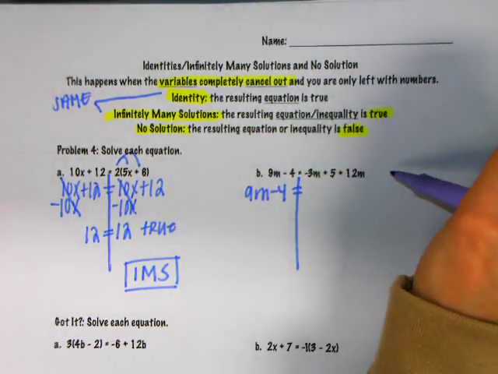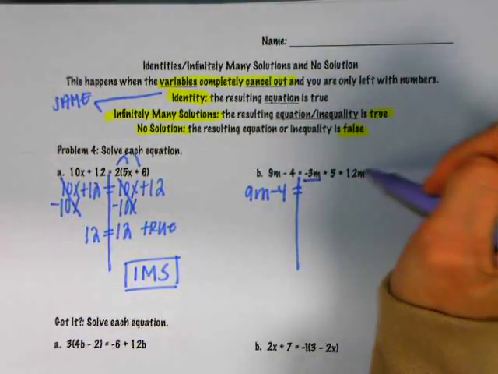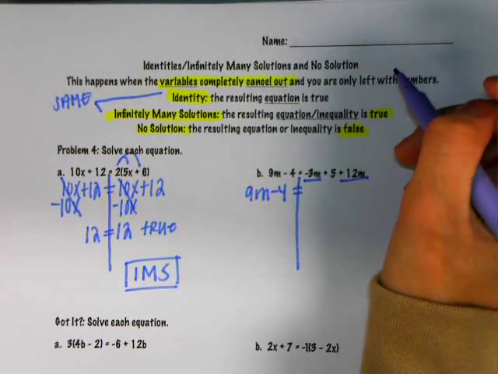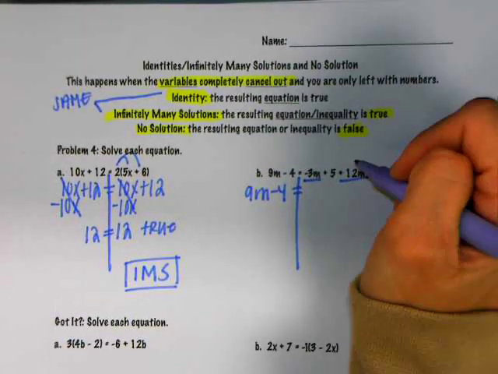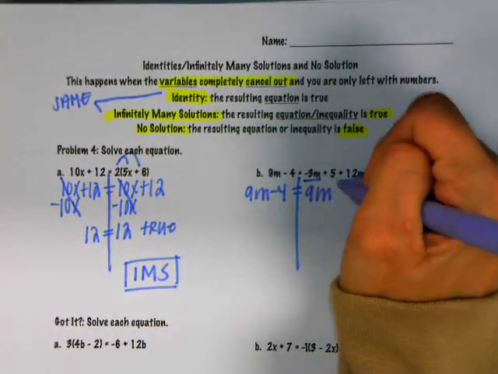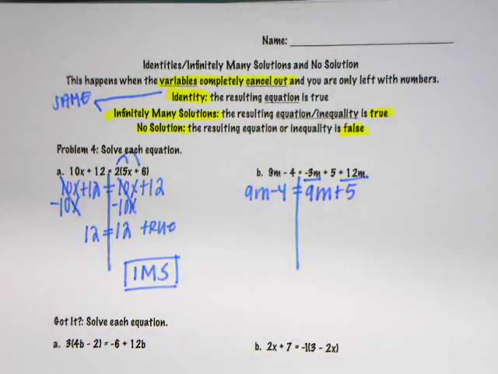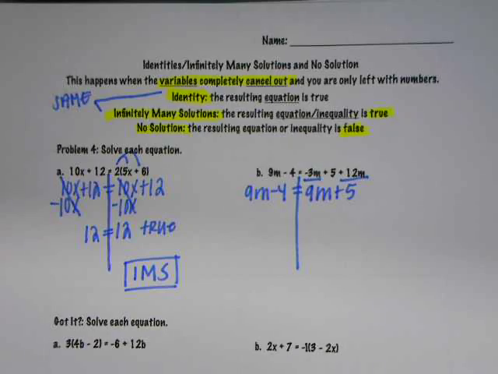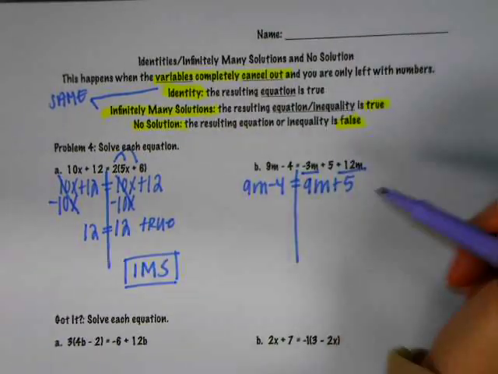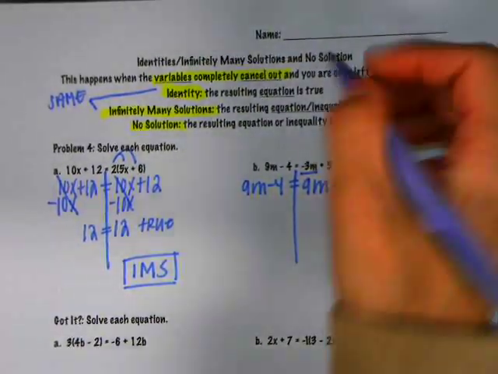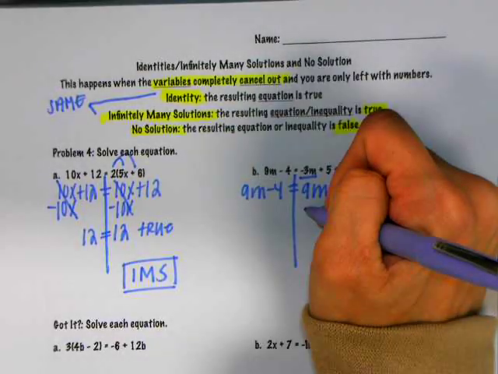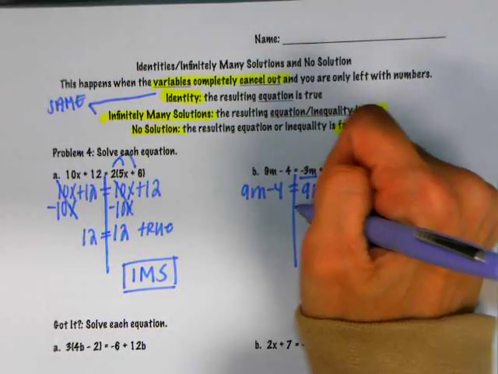On this one we have like terms. So what's negative 3m and 12m? 9m. Okay, so now you have to move this variable over, so what are you going to do? Yeah, minus 9m.